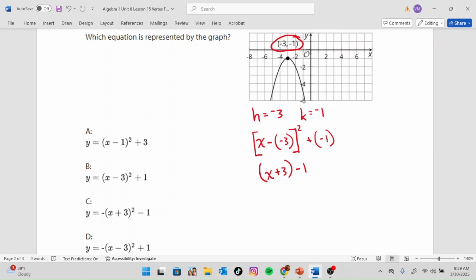The next thing we need to know is that if opening down, then a is negative.